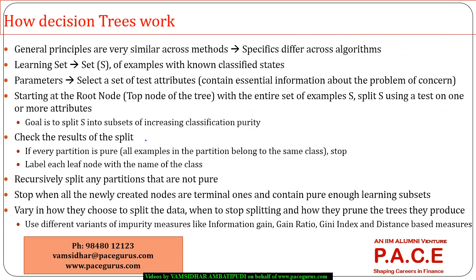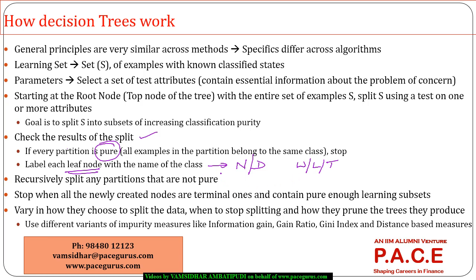So whatever splitting is happening, if every partition is pure, meaning all the examples in the partition belong to the same class, then no further bifurcation happens. The decision tree for that particular partition is typically stopped. And there is a labeling that is done for each node with the name of the class. So that leaf node will be marked as no default or default, win or loss or tie.